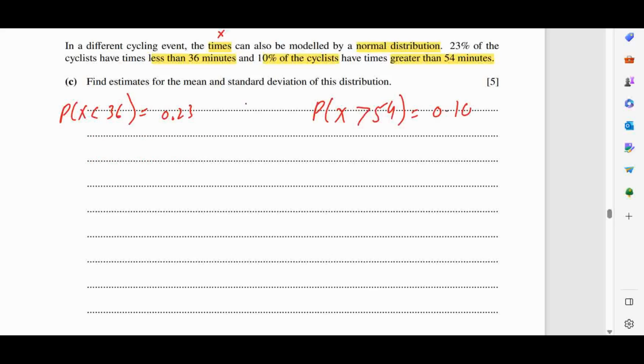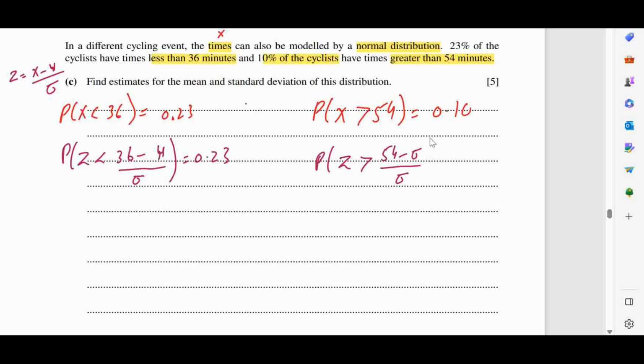Now as it is a normal distribution, we can convert using z equals x minus mu divided by sigma. So probability of z less than 36 minus mu, which we don't know, divided by sigma equals 0.23, and probability of z greater than 54 minus mu divided by sigma equals 0.10.